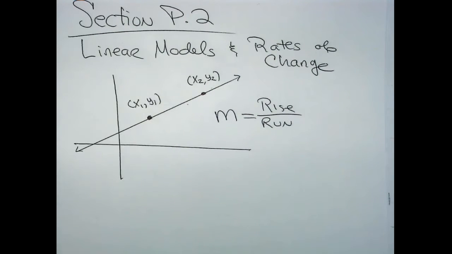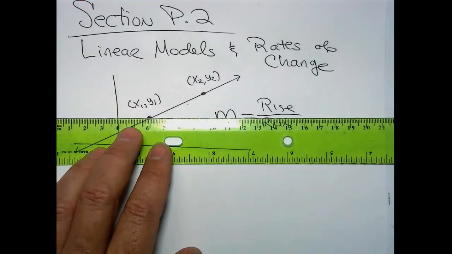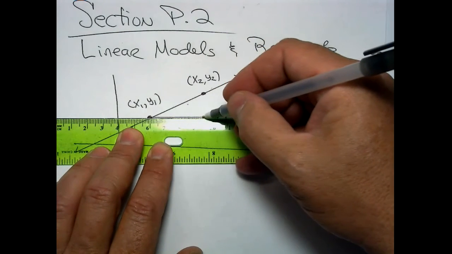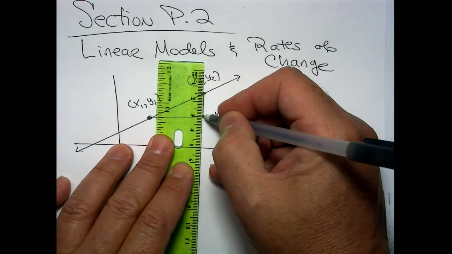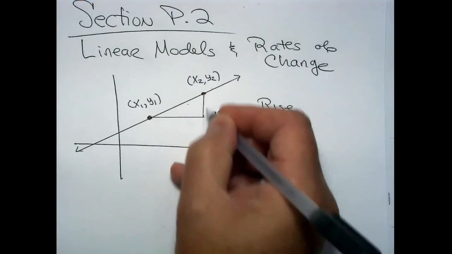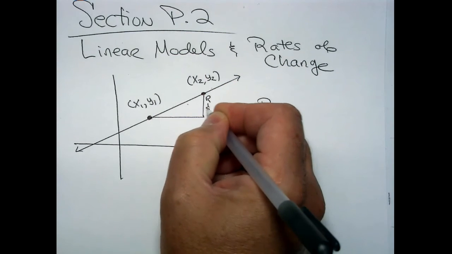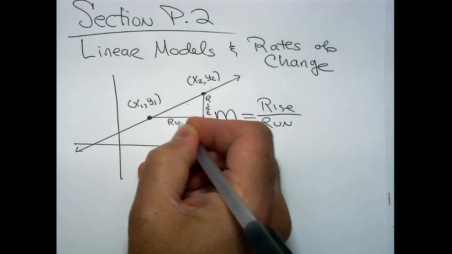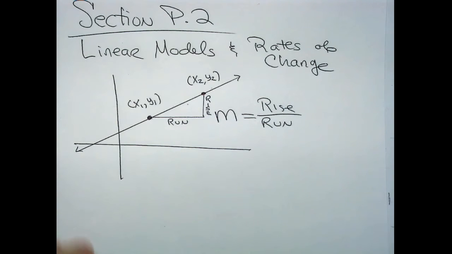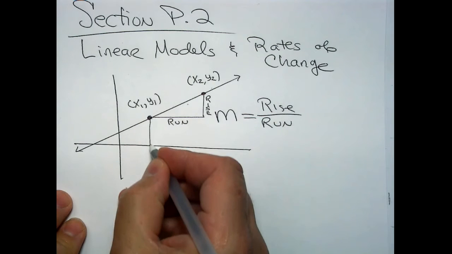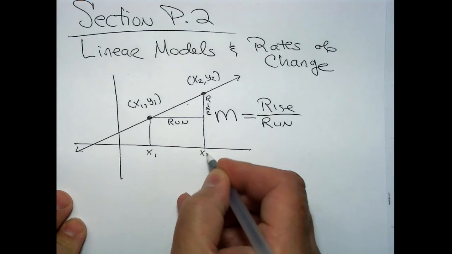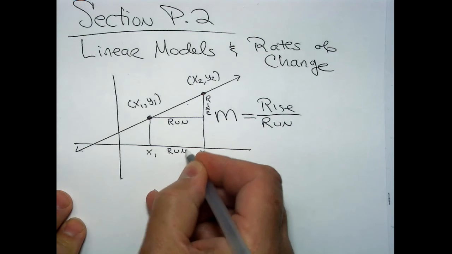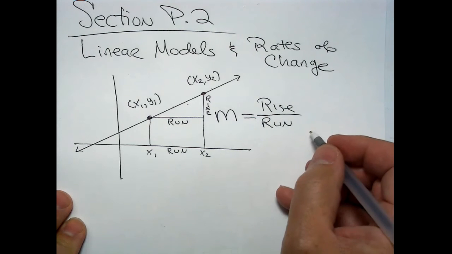Now, in this picture is a triangle. If I draw a horizontal line here, and if I draw a vertical line here, you can see the rise and the run. The rise is right here, and the run is right here. Now, the run would be the difference between the two x values, x1, x2, so you just subtract these two.